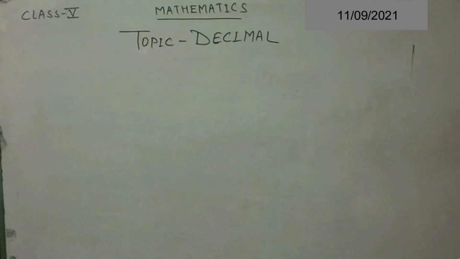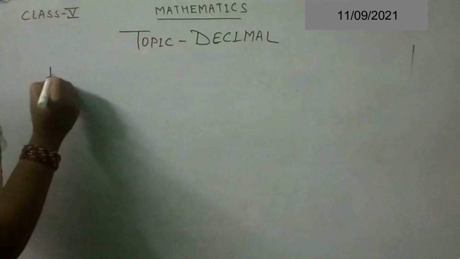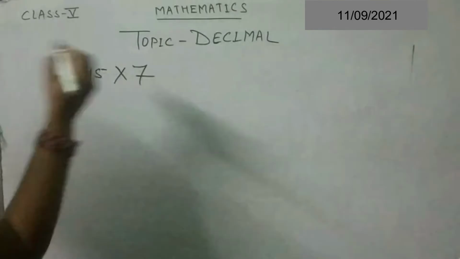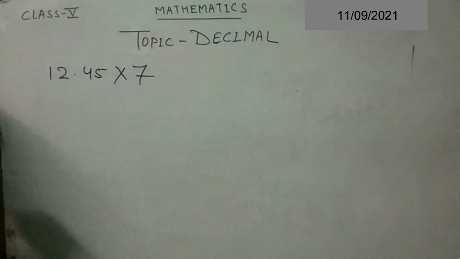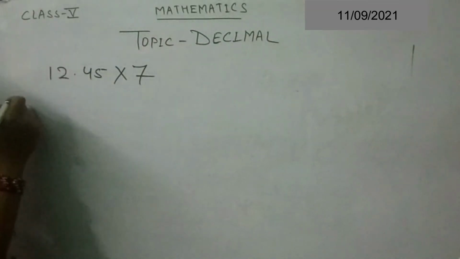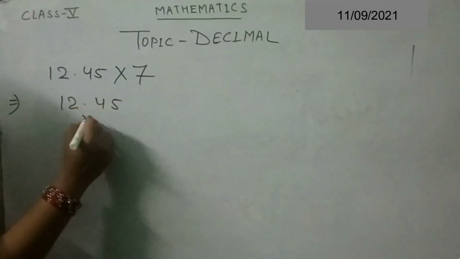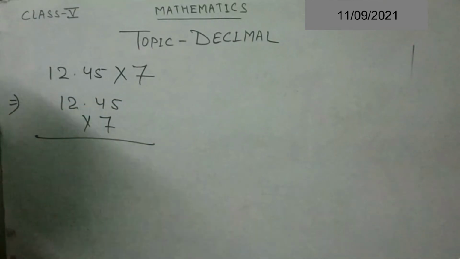Now see, one question I will take from your book. 12.45 multiplied by 7.